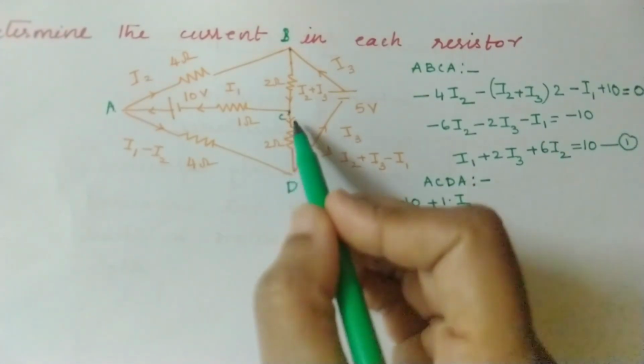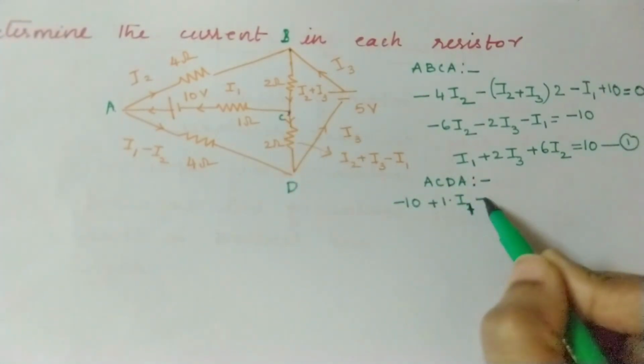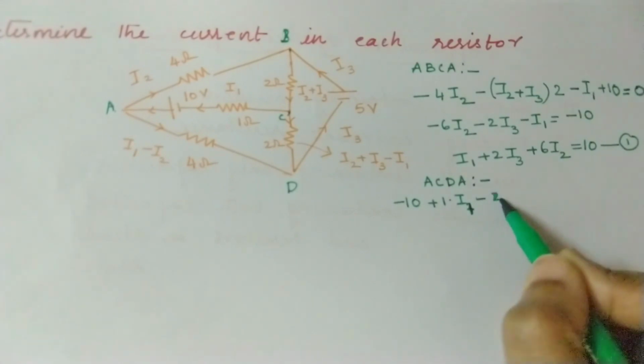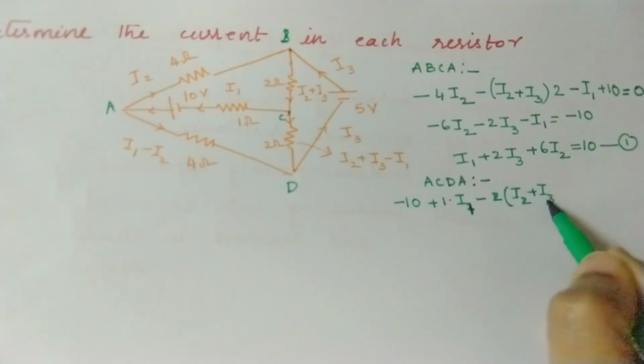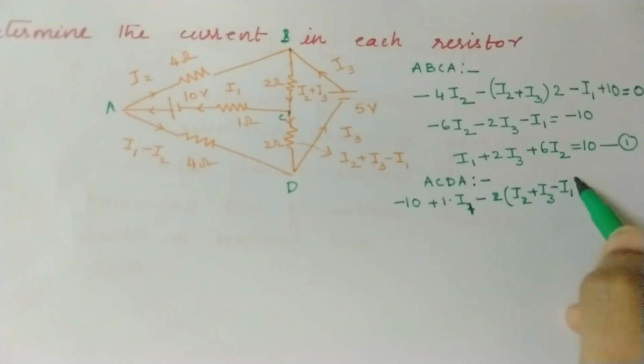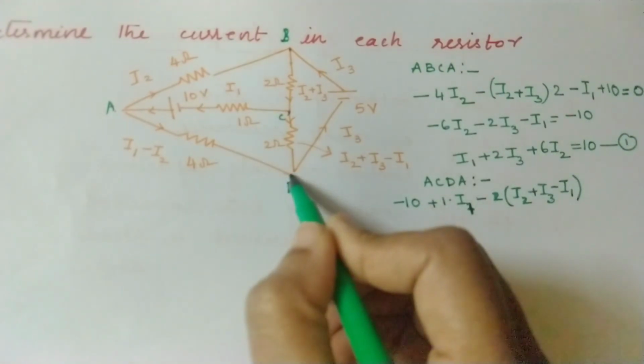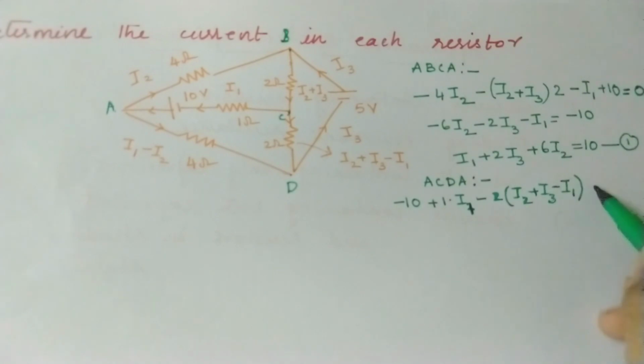Then from C to D, you are moving in the direction of current, so negative sign, 2 into I2 plus I3 minus I1. And finally from D to A, you are moving opposite to current, so plus 4 into I1 minus I2 should be 0.